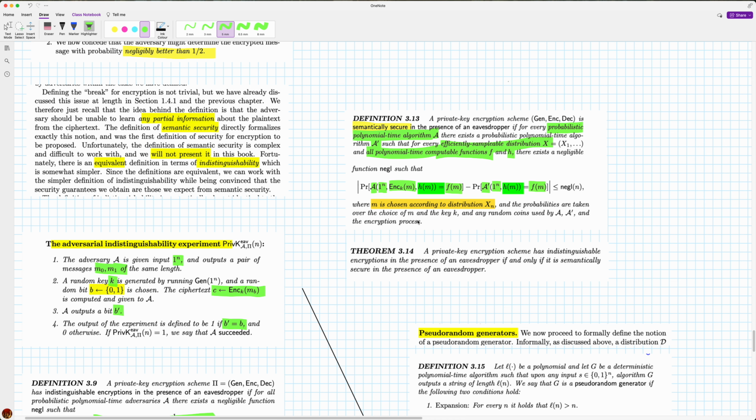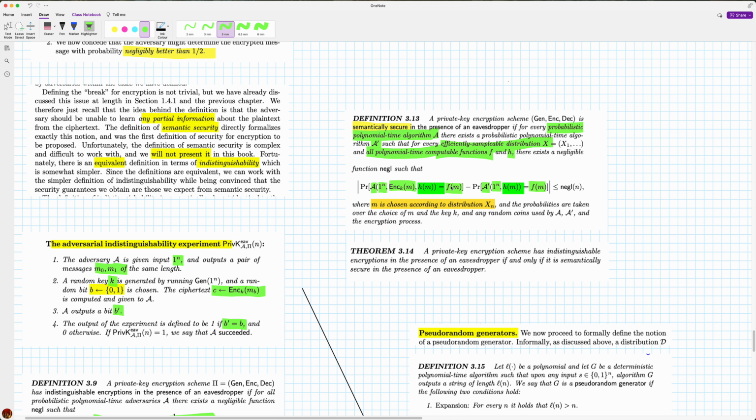So this is the semantic security. It captures the intuitive notion that you should not be able to learn anything about the message, because whatever you could learn using the ciphertext, you could have also learned without using the ciphertext.